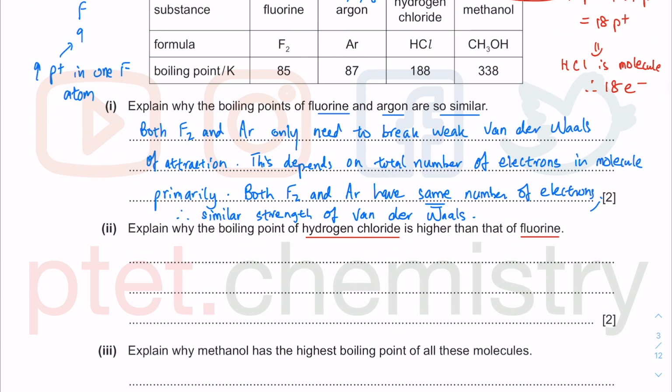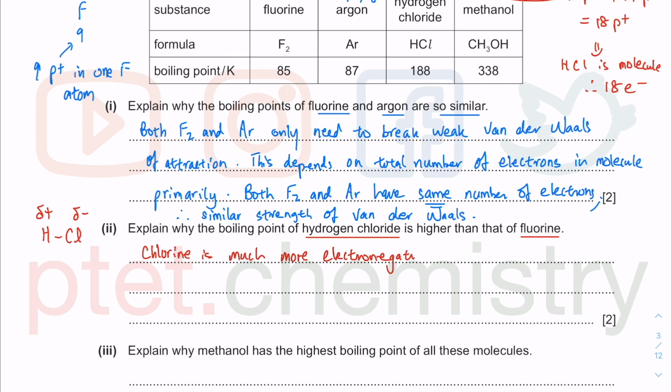So this one is actually a result of permanent dipole. As you could see, hydrogen and chlorine have different electronegativity. Chlorine has much higher electronegativity than hydrogen. So I can say chlorine is much more electronegative than hydrogen.